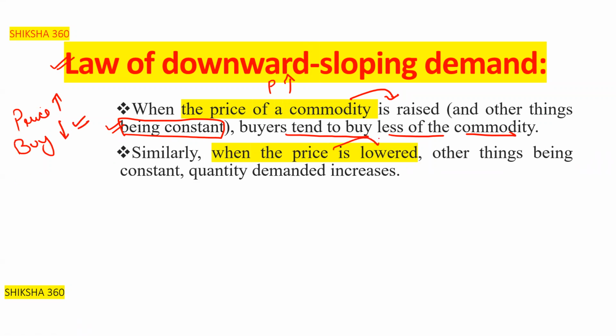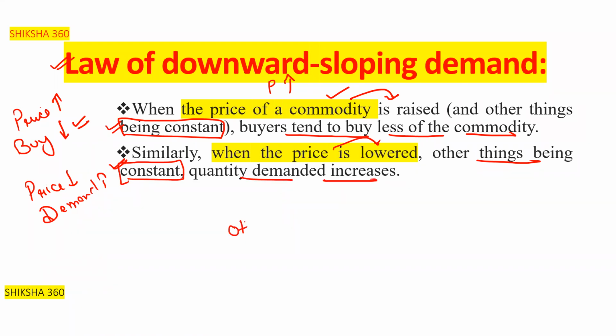Similarly, when the price is low, demand is more. When the price of the commodity is lowered, and other things are constant, quantity demanded increases.